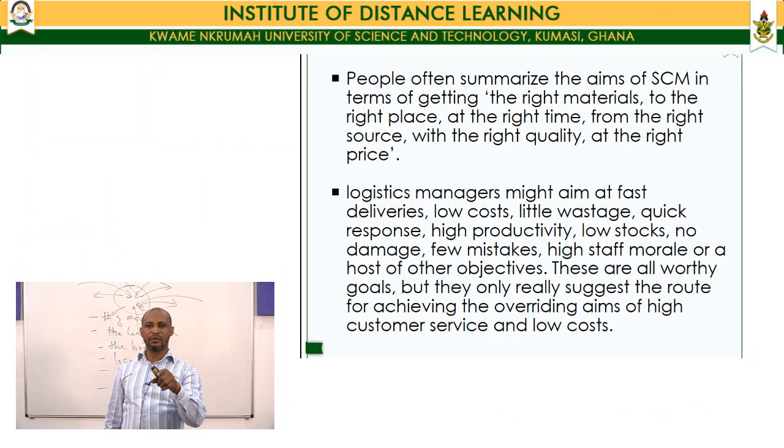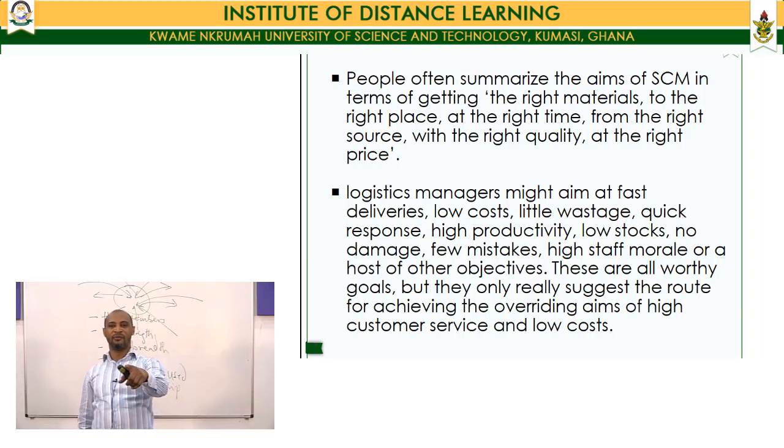And that is why we often say that marketing is a subset of logistics or supply chain management. Because the aim of marketers is generally to get the right product to the customer at the right time, in the right condition, and at the right price. And all that can be found in this aim of logistics.